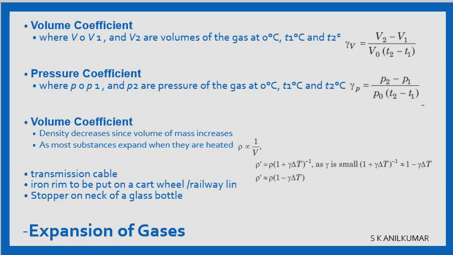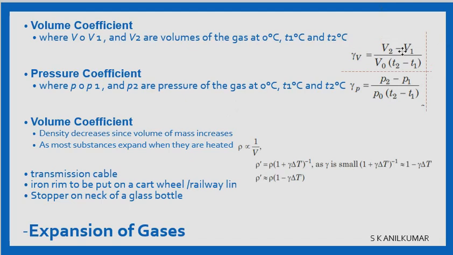Now let us look at expansion of gases. First we will look at the volume coefficient. What is the volume coefficient? V0, V1, V2 are the volumes of the gas at 0 degree centigrade, T1 degree centigrade and T2 degree centigrade. Suppose the first temperature and second temperature are T1 and T2.